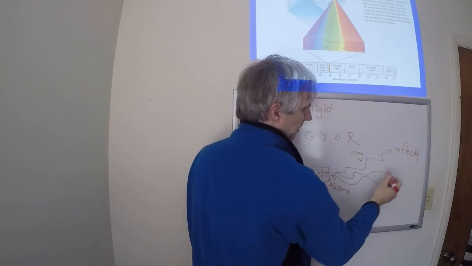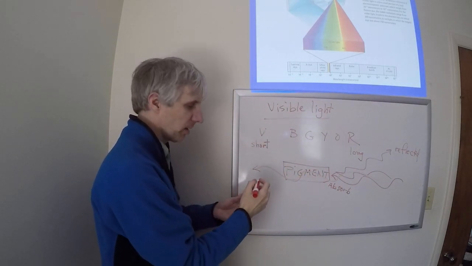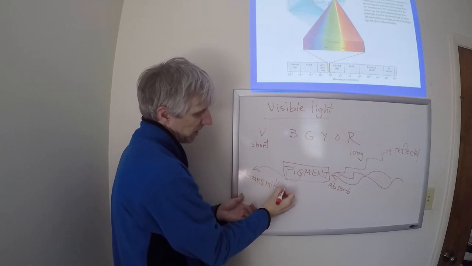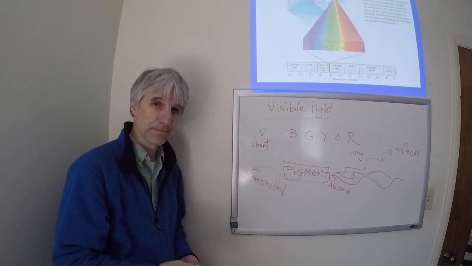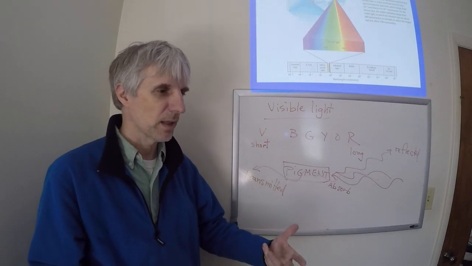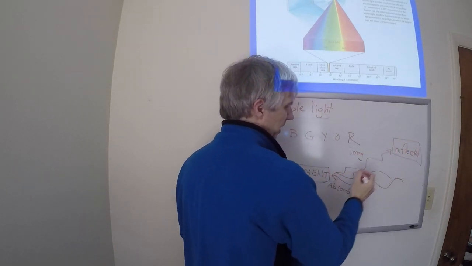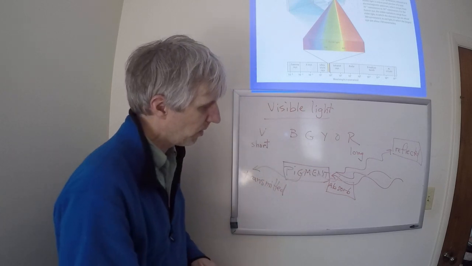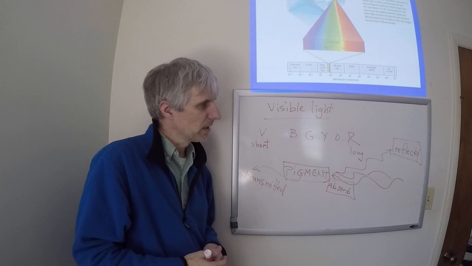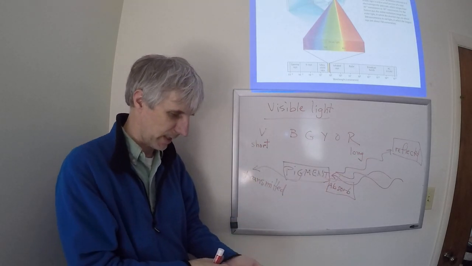And the third possibility is the light goes right through the pigment molecule without hitting anything, and we refer to this as transmitted light. Now, we can't tell transmitted light by looking at something, but we can tell something about the pigment molecule based on the light that's absorbed and reflected.